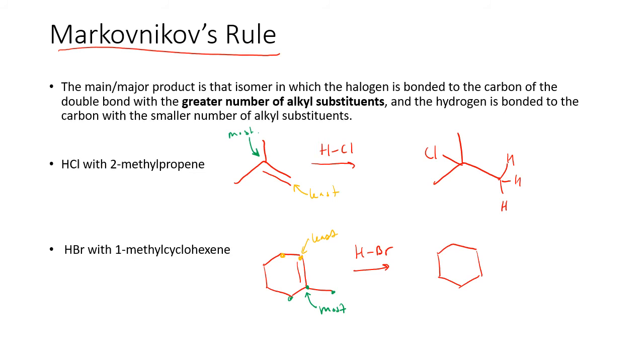We don't have our pi bond there anymore. Our methyl group's still there. We added a bromo group at that position, and then we added a hydrogen up there. There was already one hydrogen there that was unwritten, so now there's two. So this is Markovnikov's rule, where the halogen goes to the side that has the greater number of substituents.